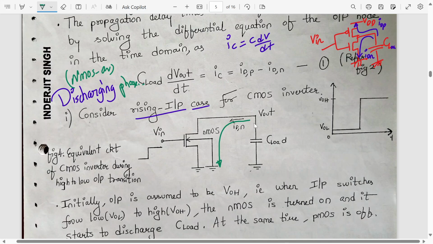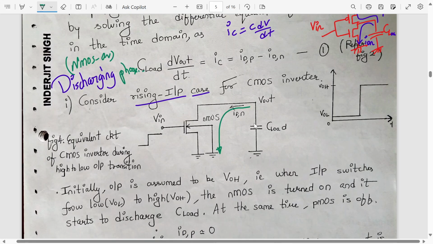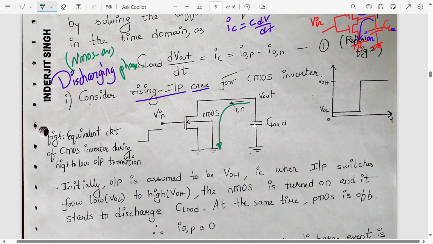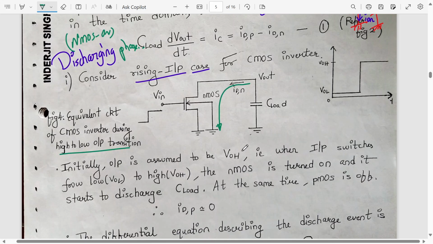So this is the equivalent circuit of the CMOS inverter during a high to low transition. Initially the output is assumed to be VOH, which is equal to VDD for a CMOS inverter. When the input switches from a low value to a high value, the NMOS is turned on and it starts to discharge. At the same time, the PMOS is off, so IDP is equal to 0.